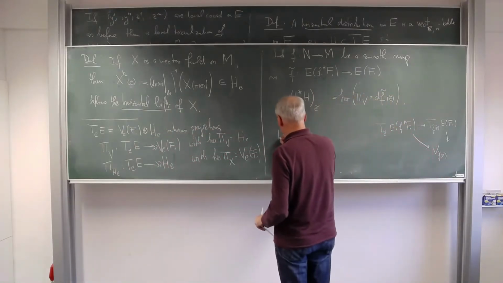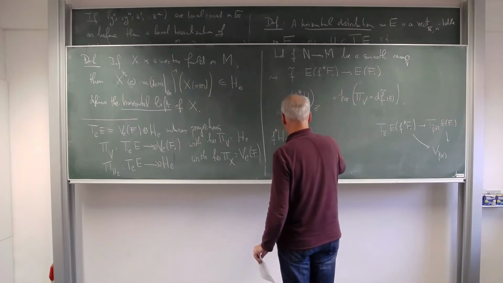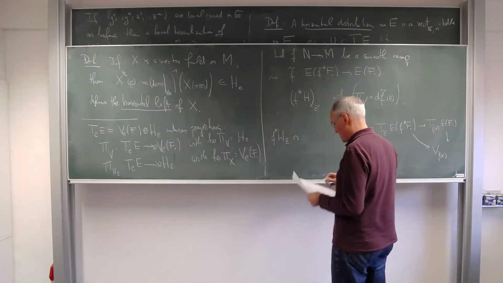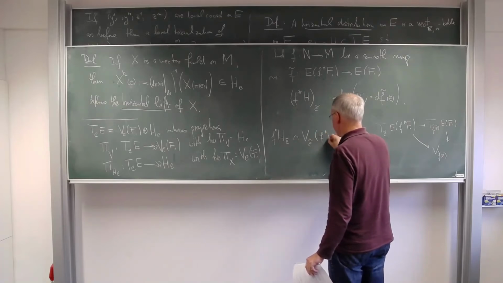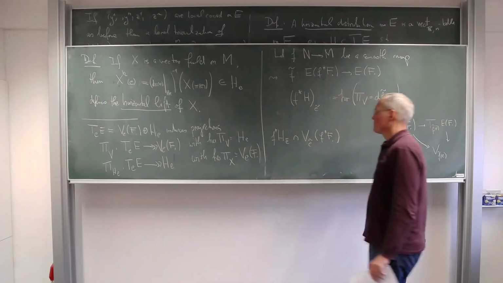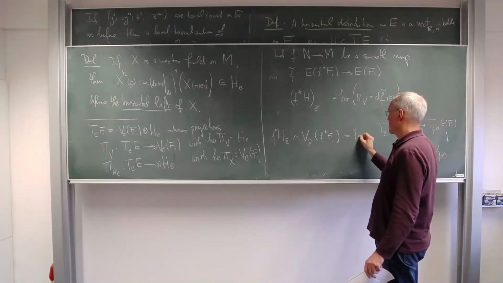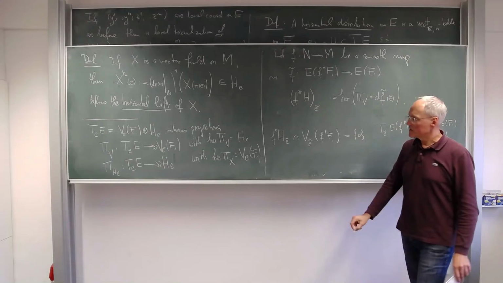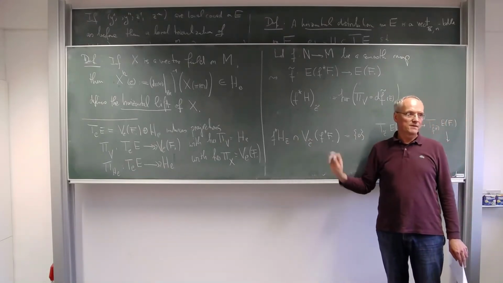So if I look at F star H tilde and intersect with the vertical space at E tilde of the pullback bundle, the claim is that this is trivial. So we need to check two things: that the intersection is zero and that the sum spans everything.